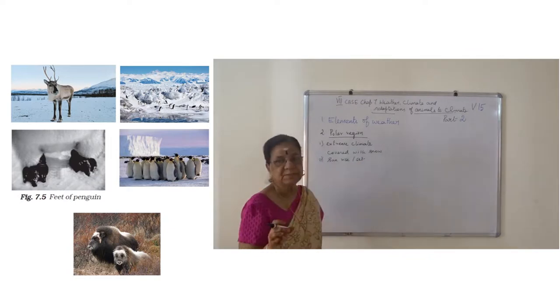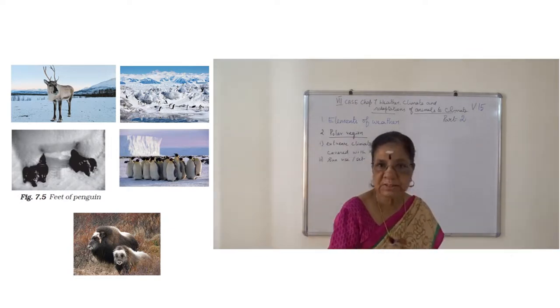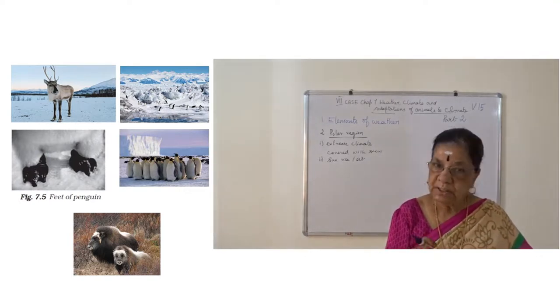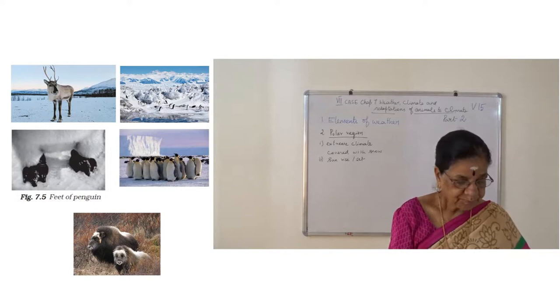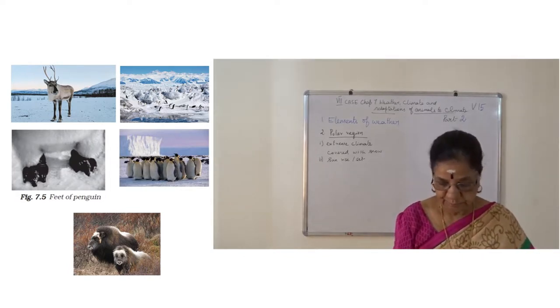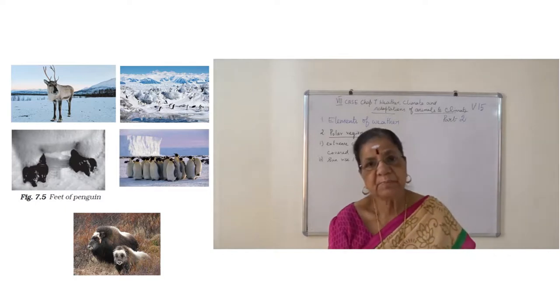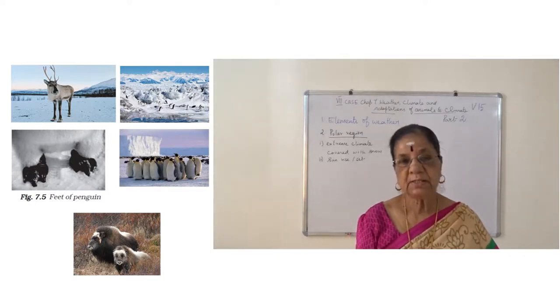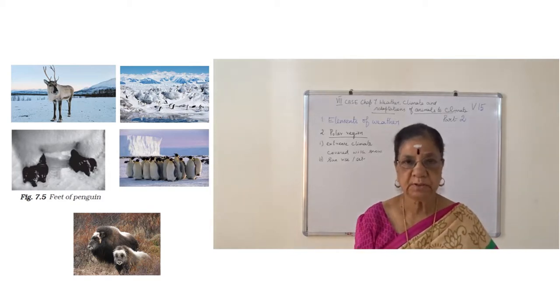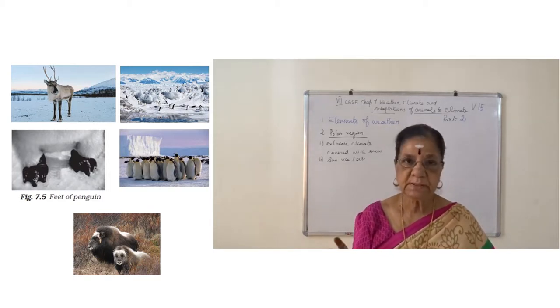For 6 months the sun will not set at all, and for another 6 months the sun will not rise at all. So in the polar region we find an extreme climate, covered with snow and very cold during most part of the year.